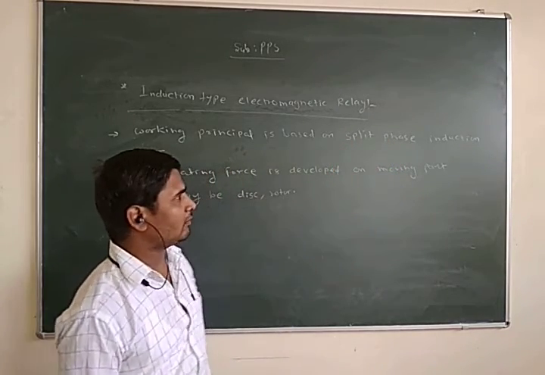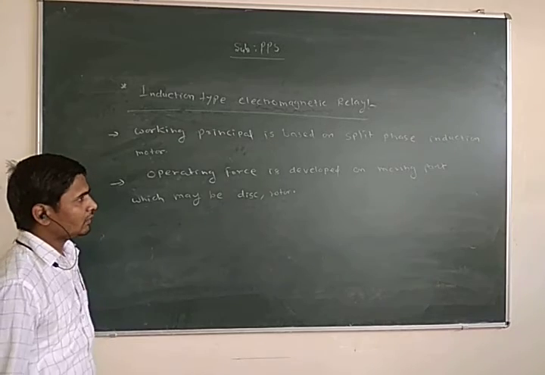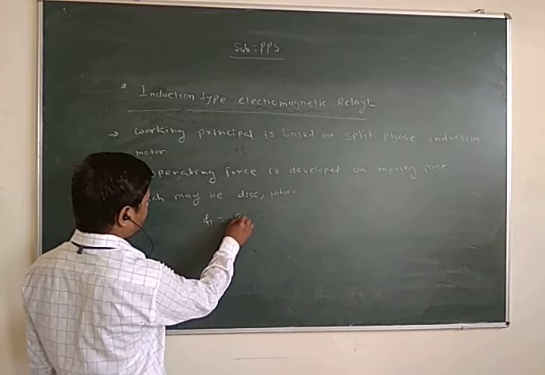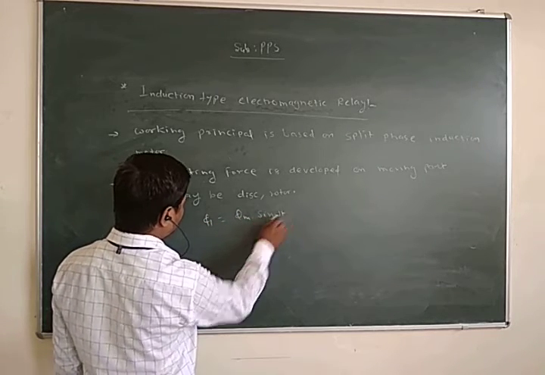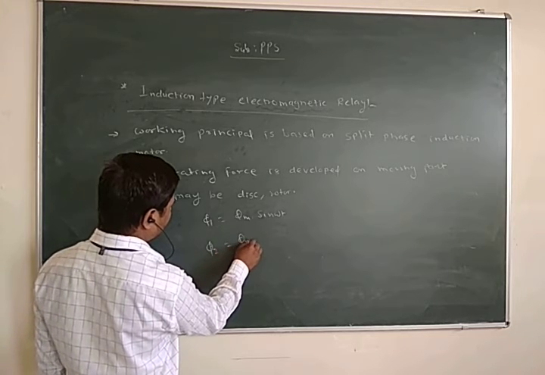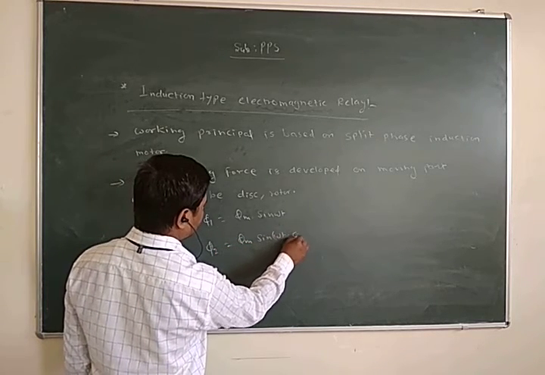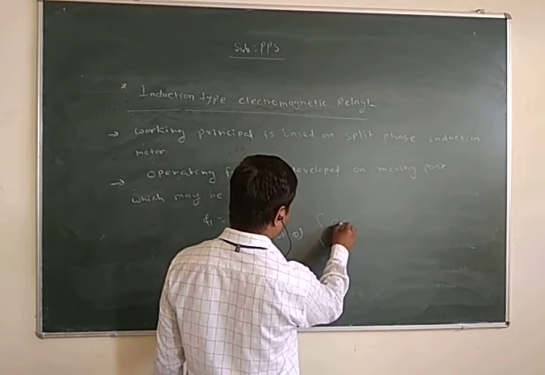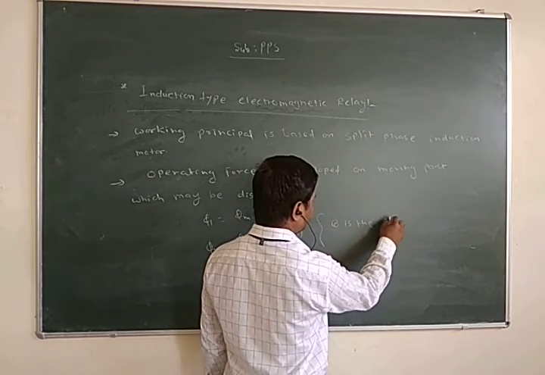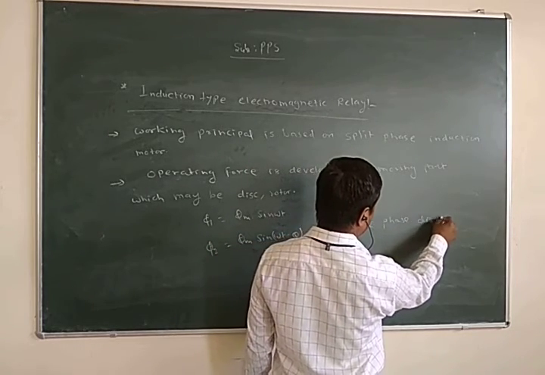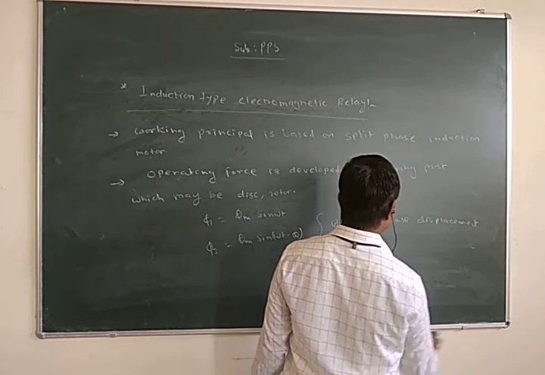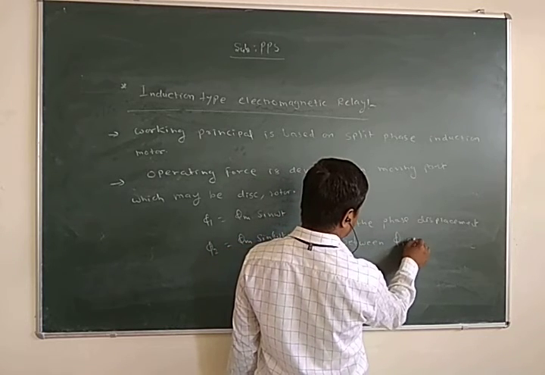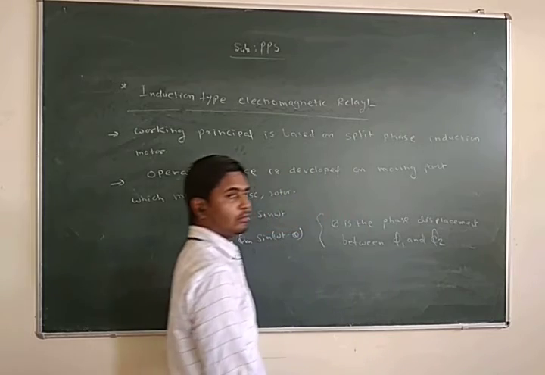In split phase induction motors, there are two coils, and the flux in coil 1 is phi m sin omega t, and the flux in coil 2 is phi m sin (omega t minus theta), where theta is the phase displacement between phi 1 and phi 2.